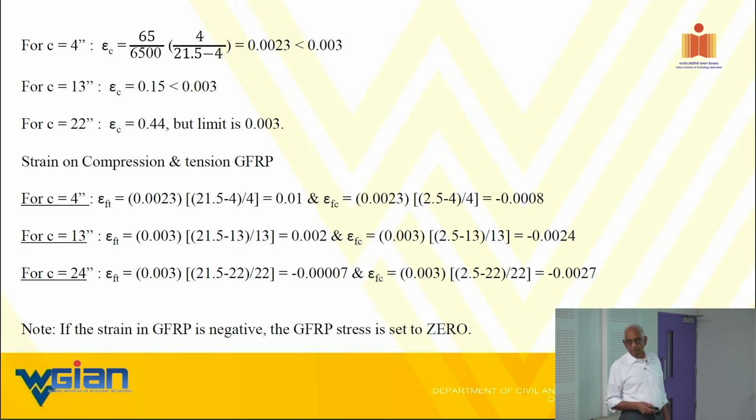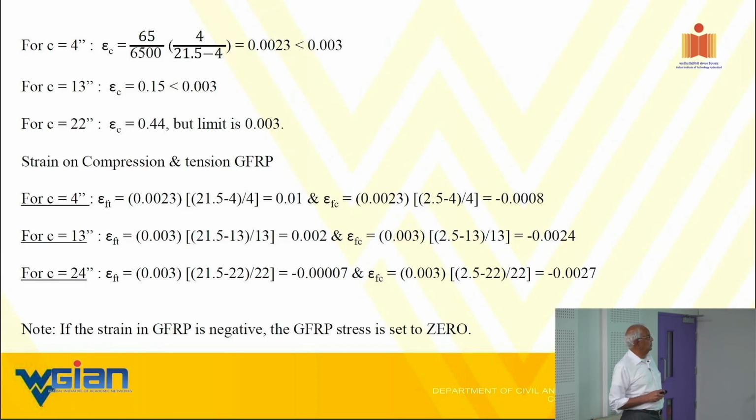Sir, why did we take 0.003 at C equals 13 inches? No, we are not taking any, this is my limit. The first term is 0.003 here, at C equal to here. You recall the strain compatibility relationship?